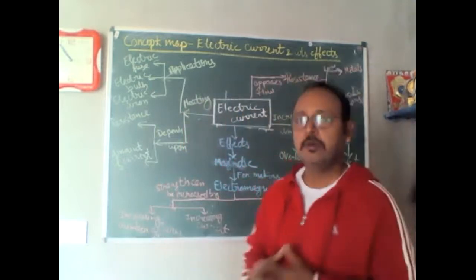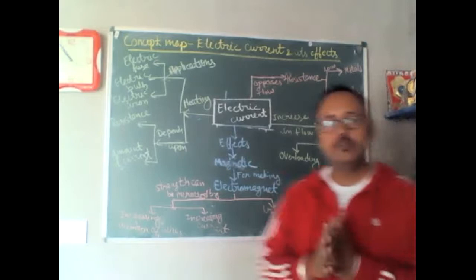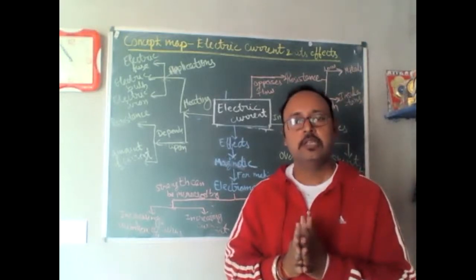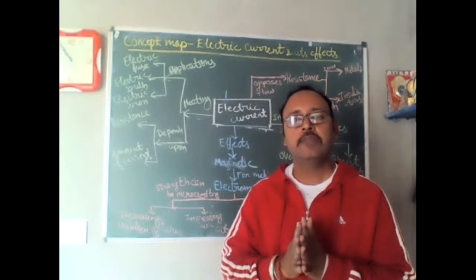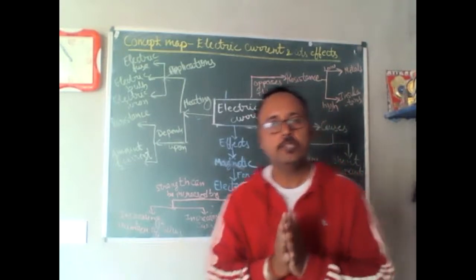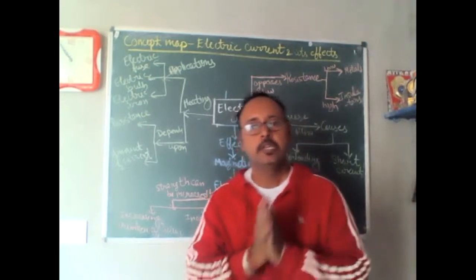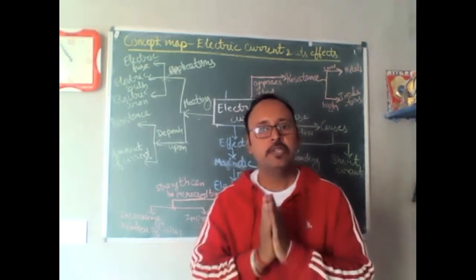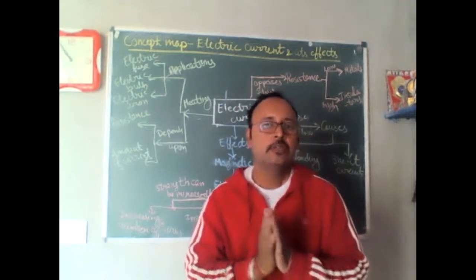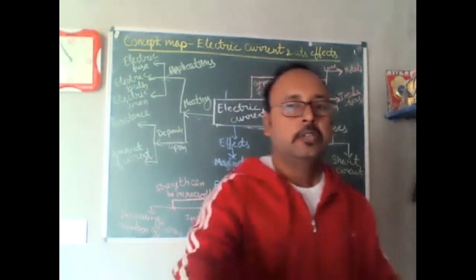Then we discussed the applications and uses of the heating and magnetic effects of current, right? Then we discussed that whenever the amount of current exceeds its limited value, what can be the reasons for this. There are basically two reasons: one is overloading and another is short circuit, right? So that is all about this chapter. Thank you very much.